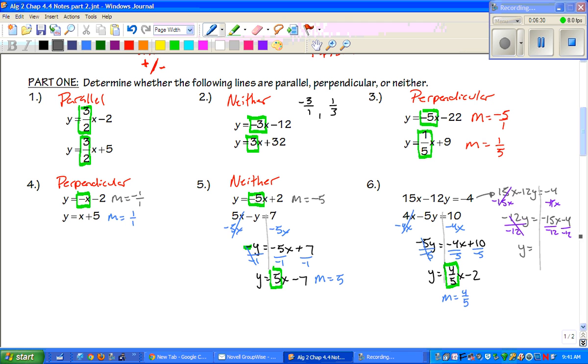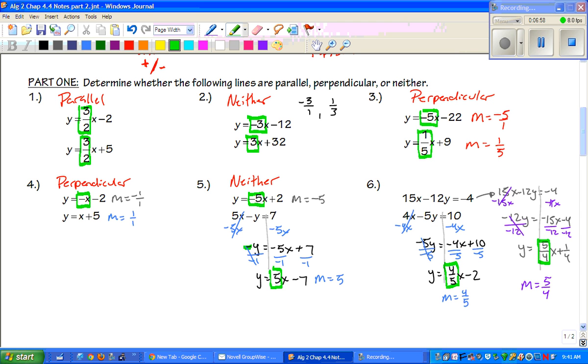So y equals negative over negative is a positive, and if you divide both of those by 3, we get 5 over 4x plus 1/4. So our slope is 5 over 4.